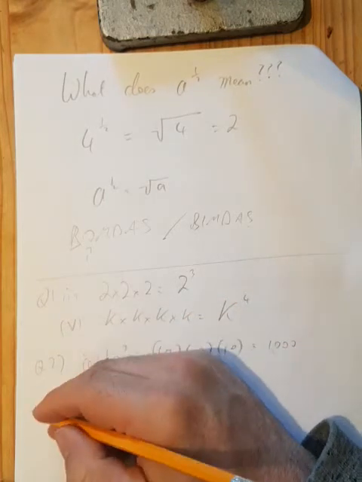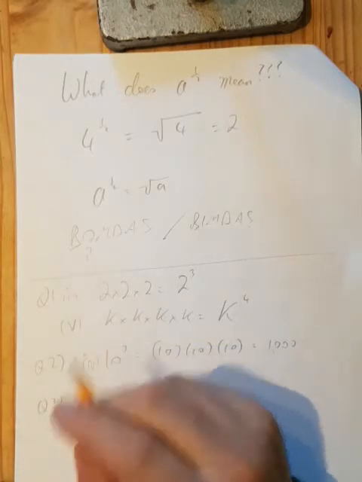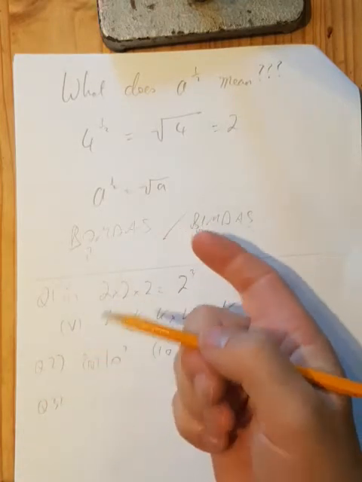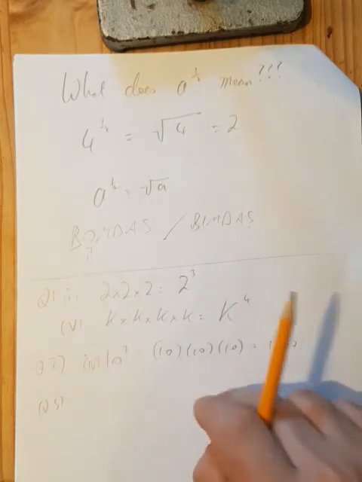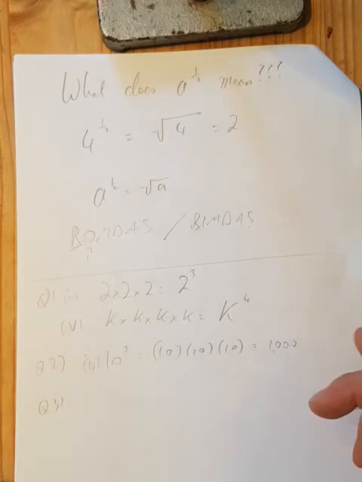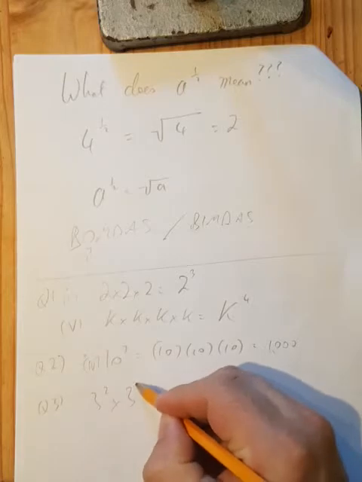Okay? Question 3. Write each of the following as a single number to a power. So they haven't used the term index form, but they're saying to a power, meaning they want it in index form. Alright, so let's look at this. 3 to the power of 2 times 3 to the power of 5.